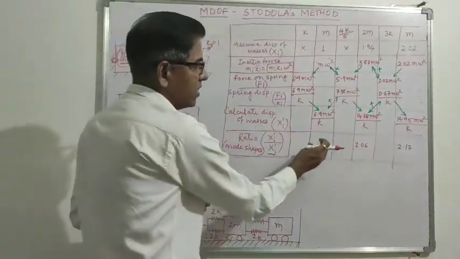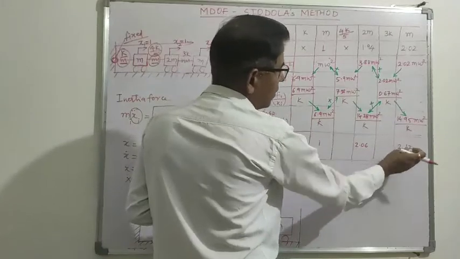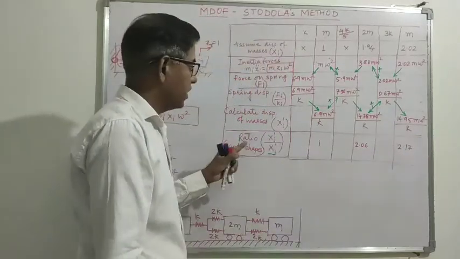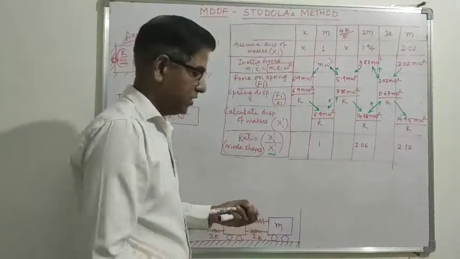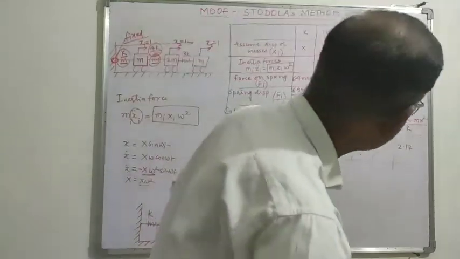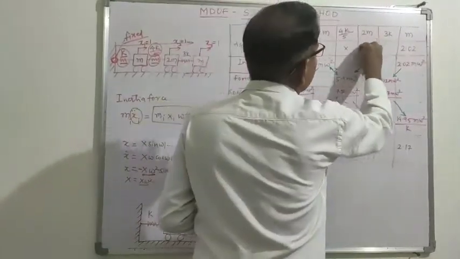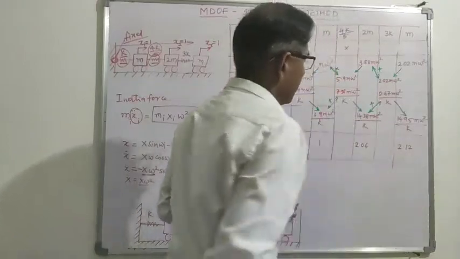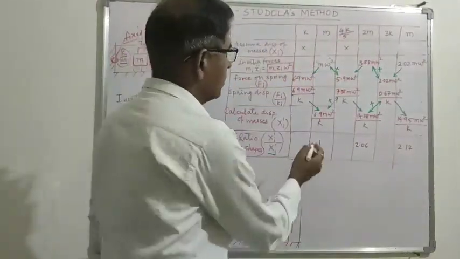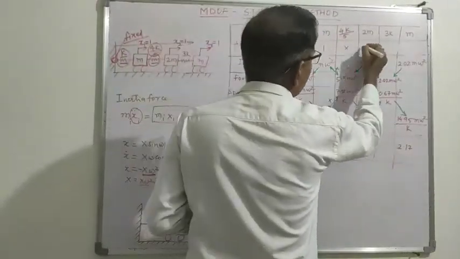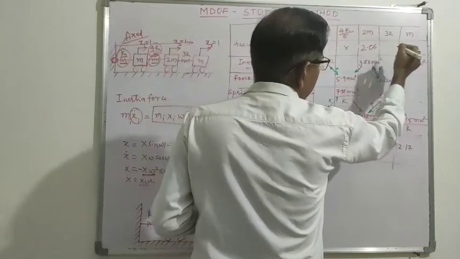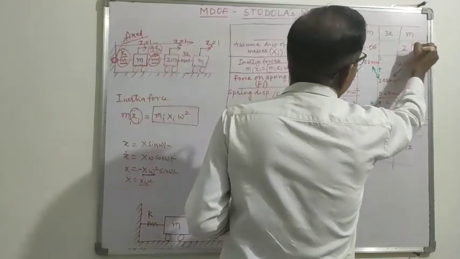So in the third iteration we start with the ratio values of the second iteration. So here in the third iteration, I write down this is 1, this is 2.06 and 2.17.